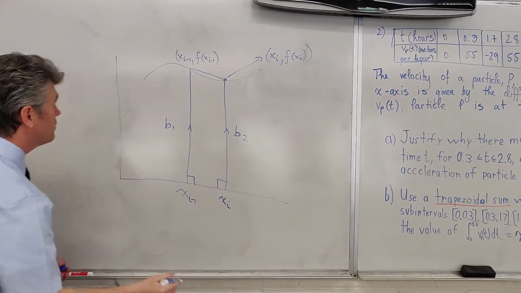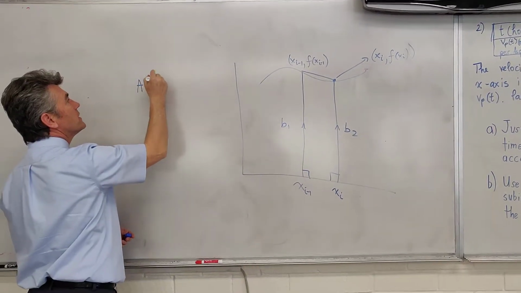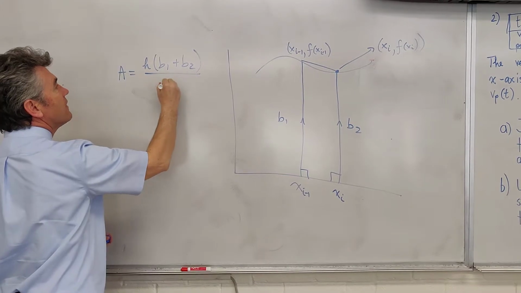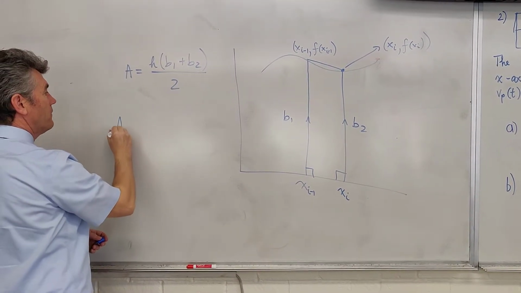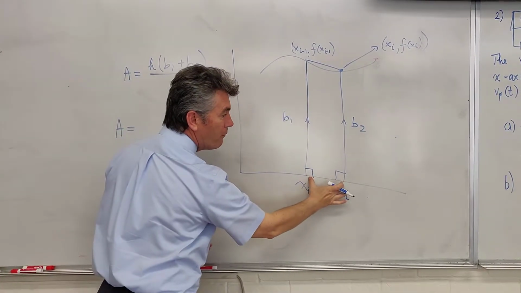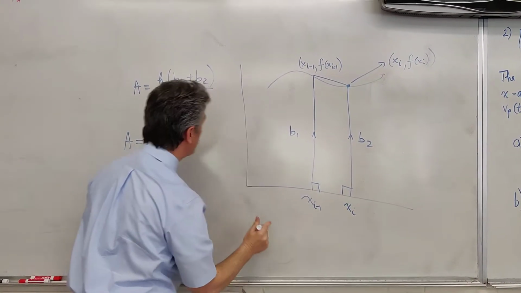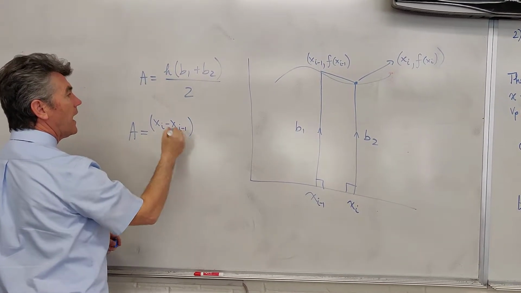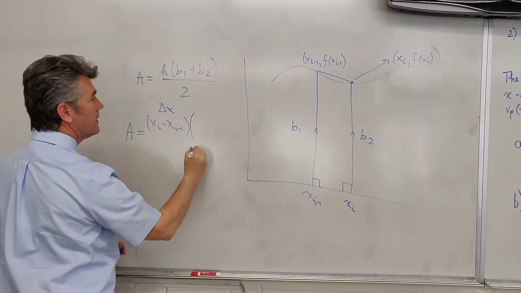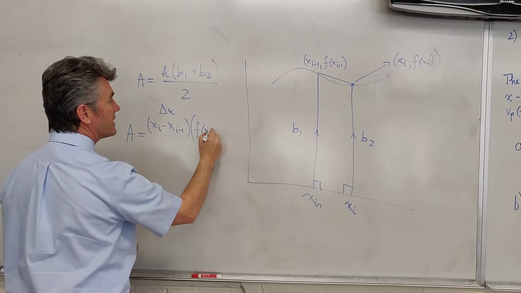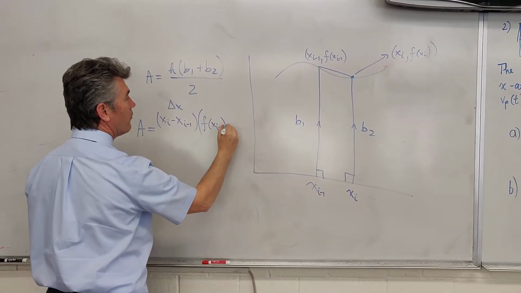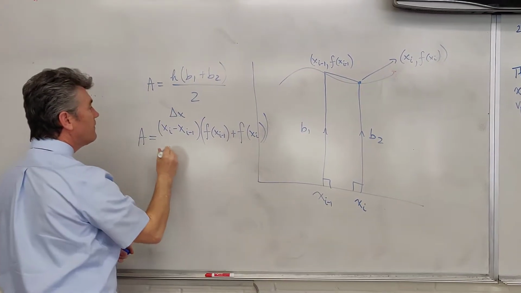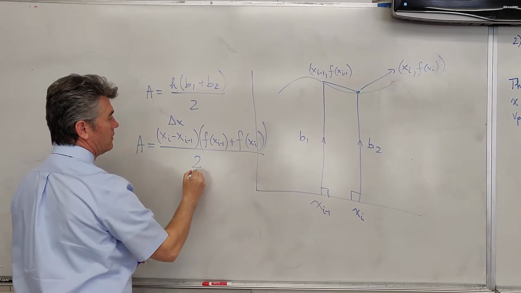What is the area of a trapezoid? You start with the formula. The area of a trapezoid is equal to height times the first base plus the second base, divided by 2. In our case, the area of the trapezoid would be equal to the height of the trapezoid, which is x sub i minus x sub i minus 1, also known as the change in x, times f of x sub i minus 1 plus f of x sub i, all of this divided by 2.